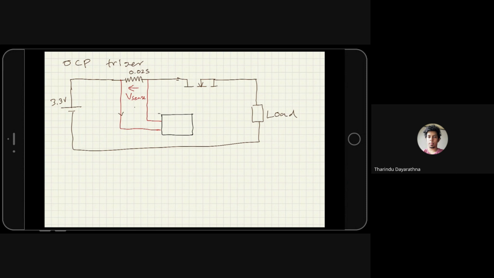so then we have, as I told you before, the gate driver pin. So when there is a current going in this path, we can write that current will exit from here, I. Since I assume this path doesn't have current, according to Kirchhoff's law, if the current goes in here as I, the output will also be I. So then I can write this V equals IR equation for V sense.